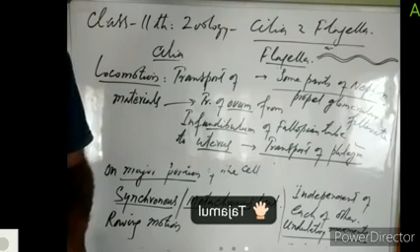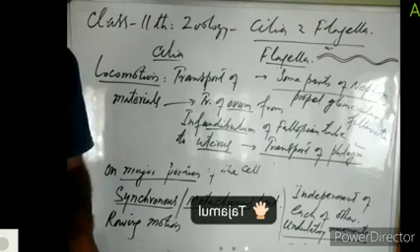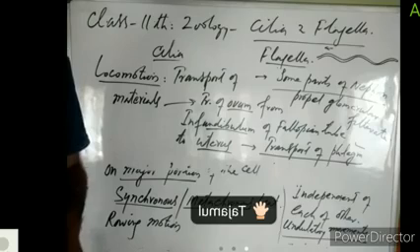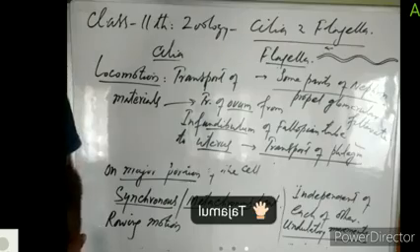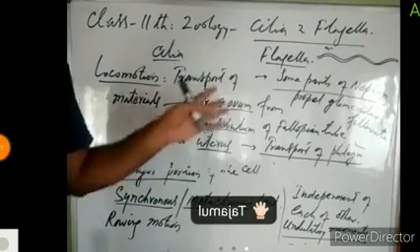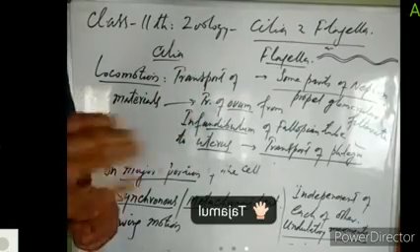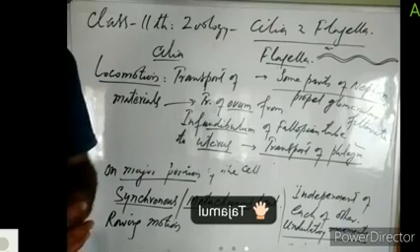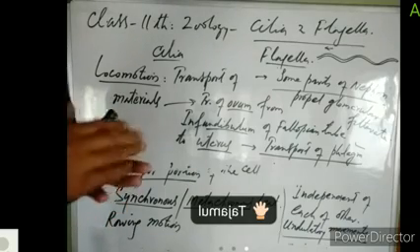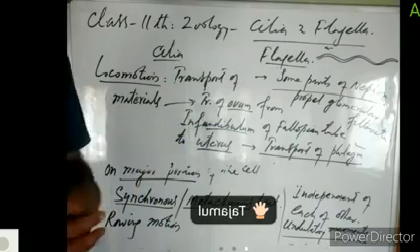What is their function? The function of these cilia is to propel this glomerular filtrate. So they carry the glomerular filtrate along the nephron so that urine is formed, right?